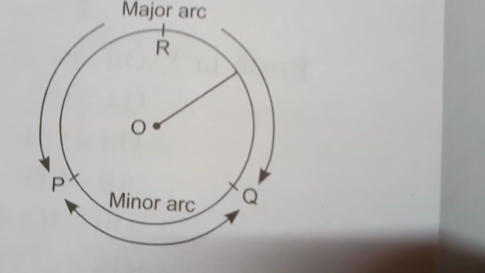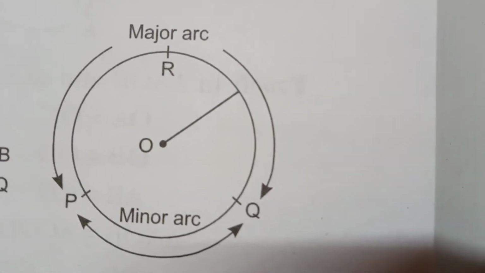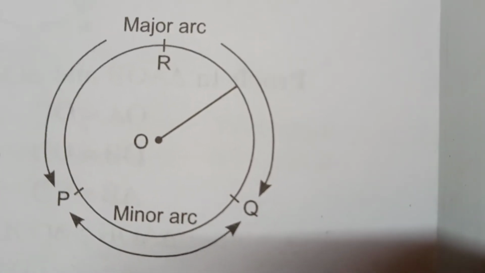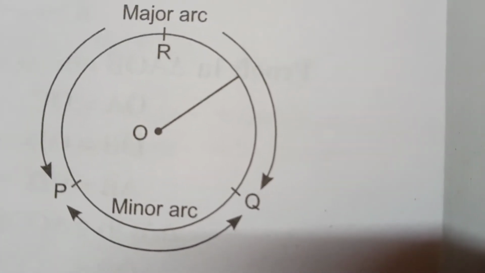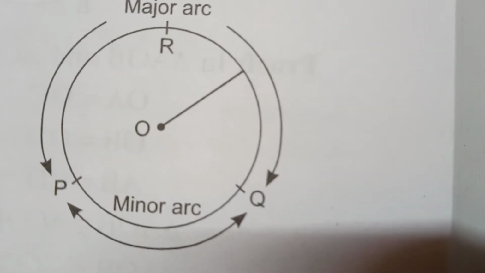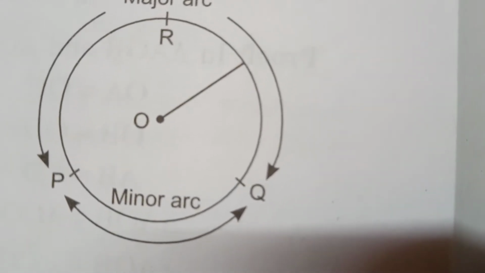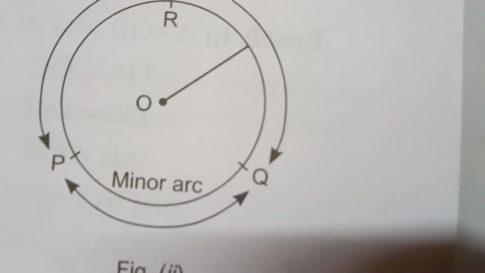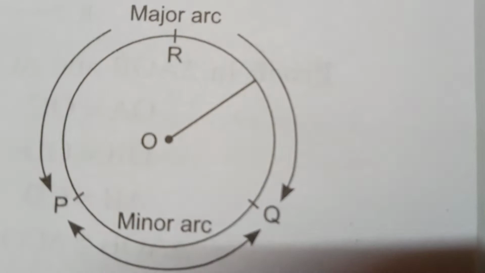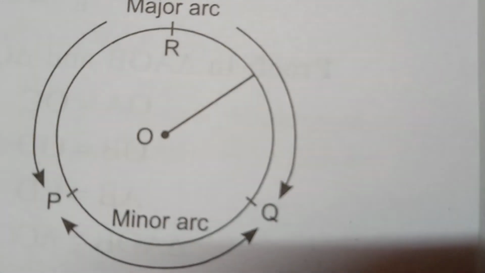In this figure, PQ is the minor arc, and PRQ is the major arc.